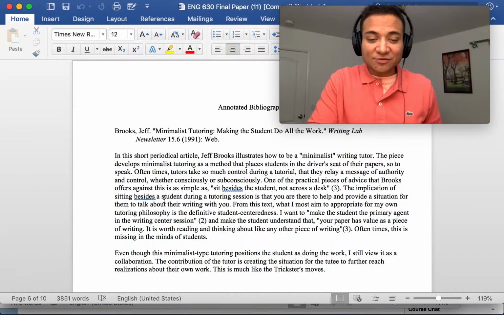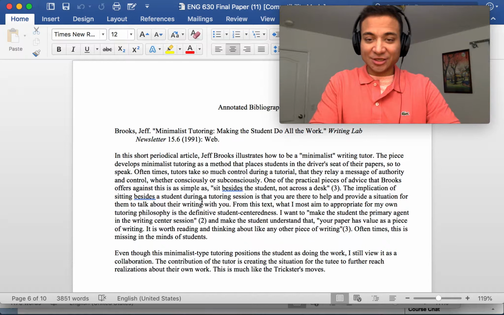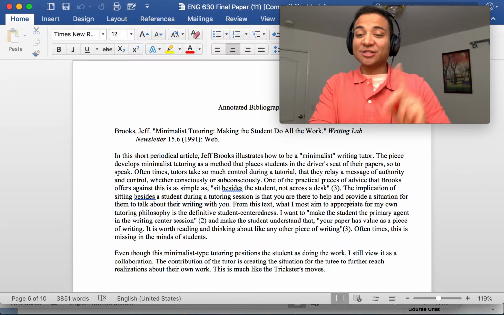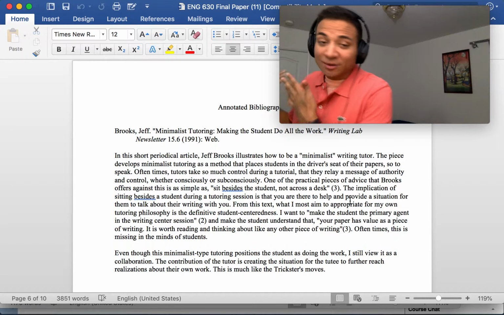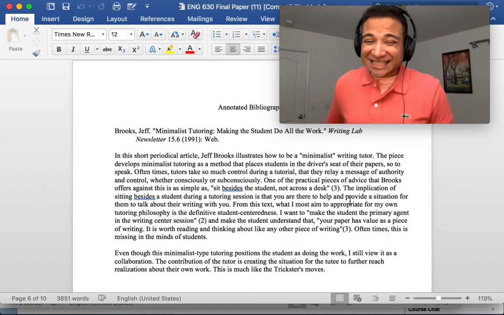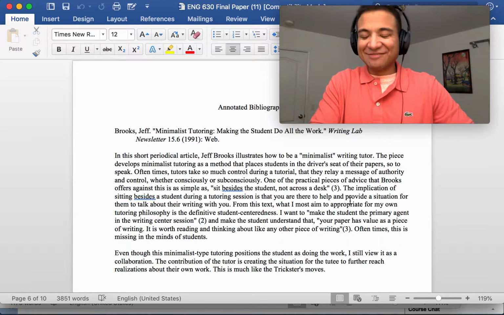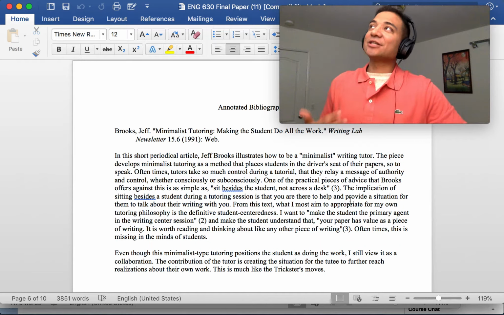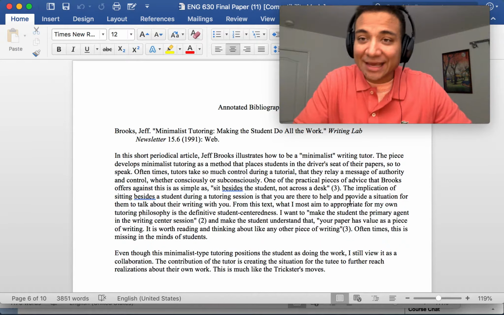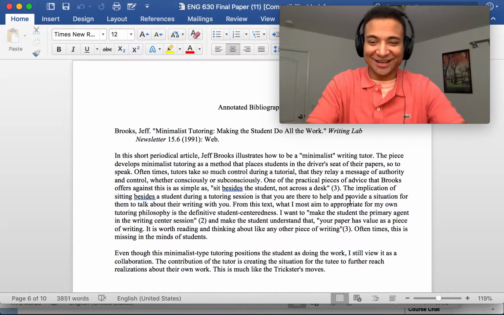The implication of sitting beside the student during a tutoring session is that you're there to help and provide a situation for them to talk about the writing with you. See, even the configuration of sitting beside them, I thought that was like, whoa, that's pretty rad. Even the configuration of how you sit has a lot to do with the message that you are relaying. It blew my mind.